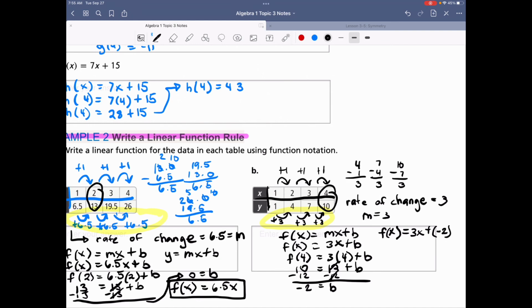We can simplify this function and just state that f of x equals 3x minus 2, because the negative sign in front of the 2 replaces the plus sign. And there we go. We now have our linear function from our data table.